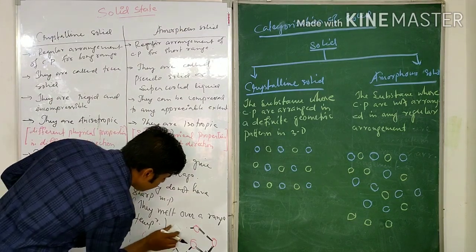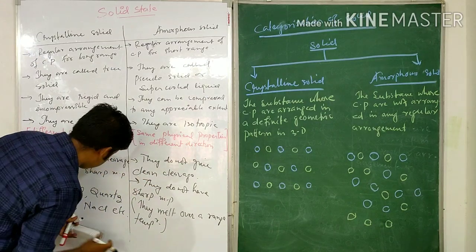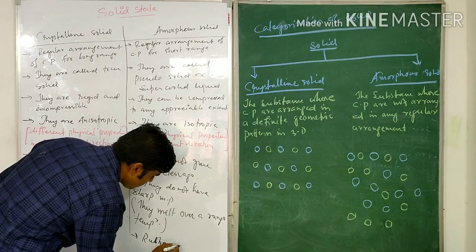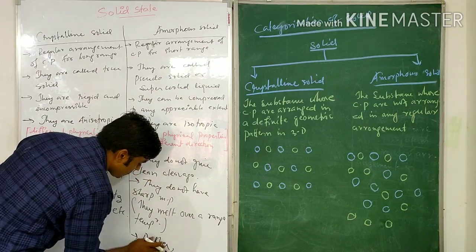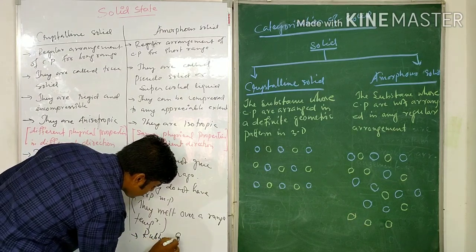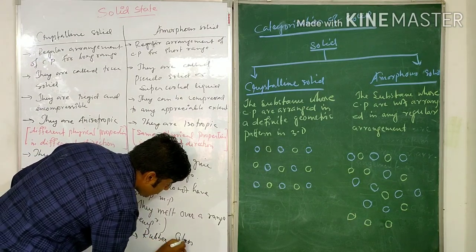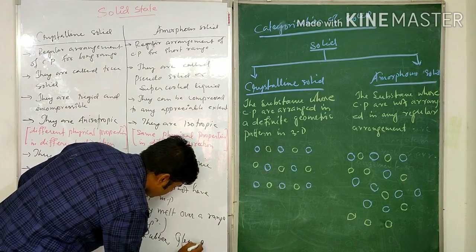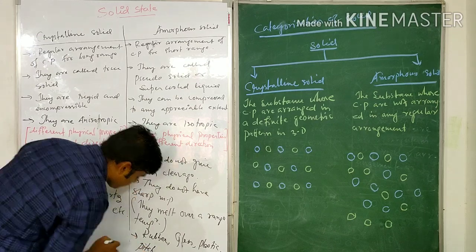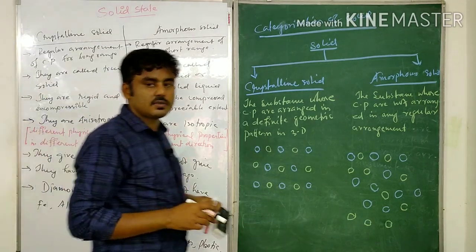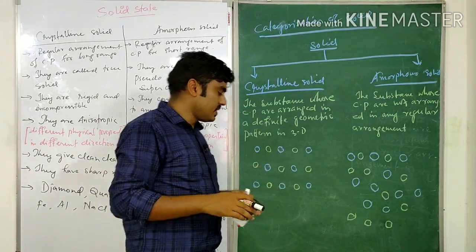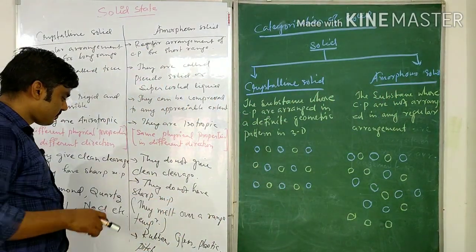And here, if I write the examples for amorphous solids, it will be rubber, glass, plastic, pitch. That's it. Pitch means what? The pitch that you will find on the road. That's the pitch. The pitch is also an amorphous solid.